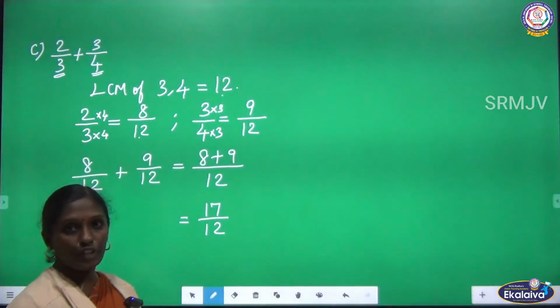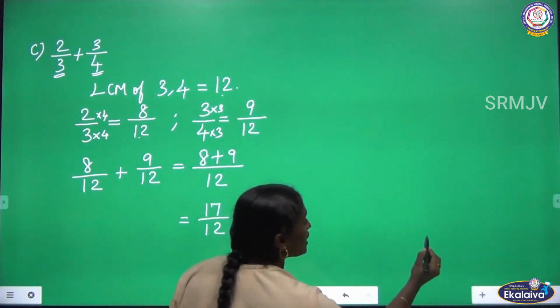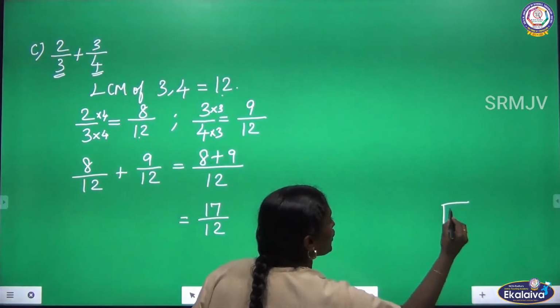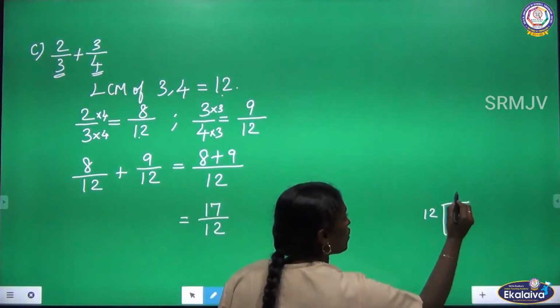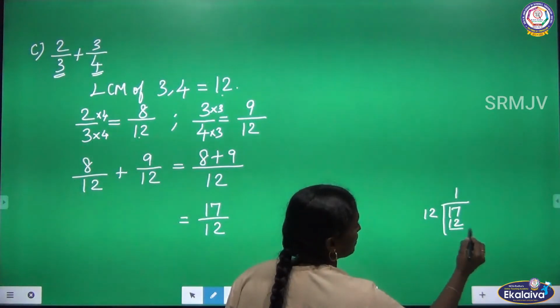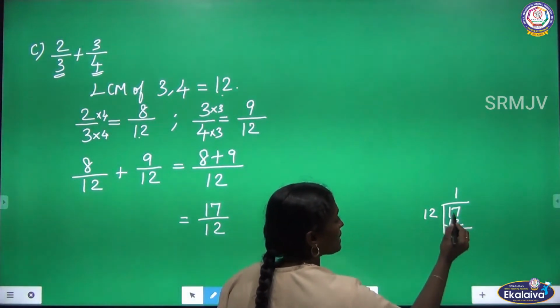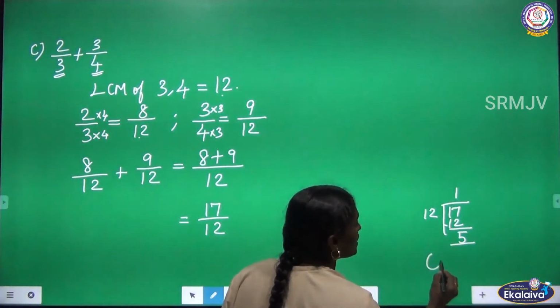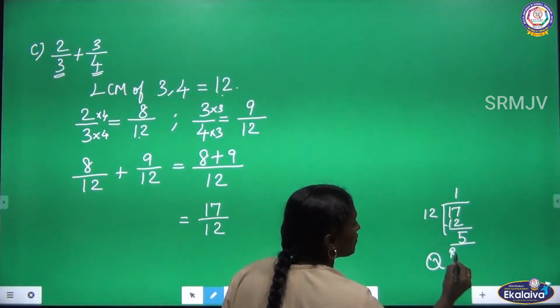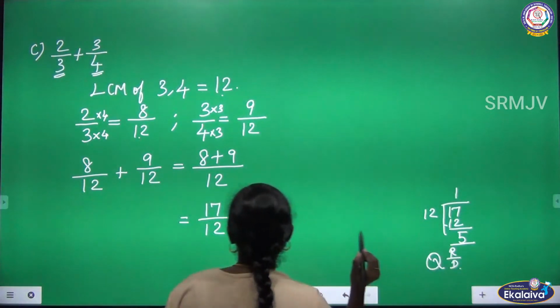So we have to convert it into a mixed number. For that we have to divide the numerator by the denominator. In 17, 1 time 12 is there. So we have to subtract 17 minus 12, that is 5. So we have to write in the form of quotient, remainder by divisor.